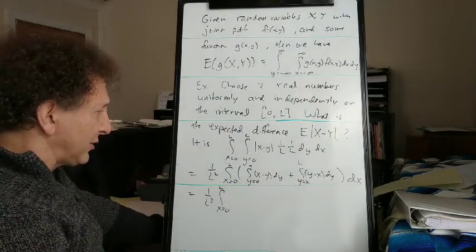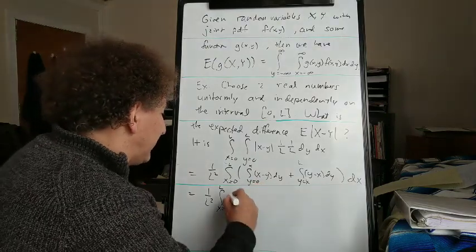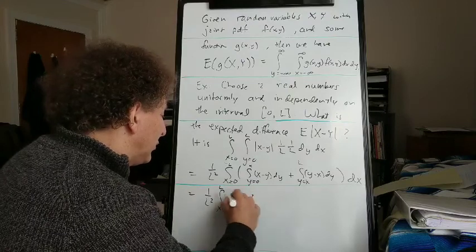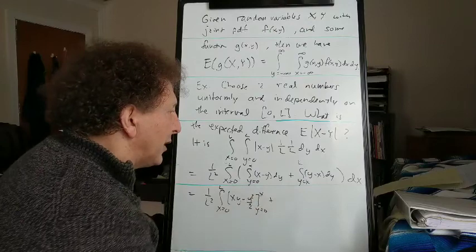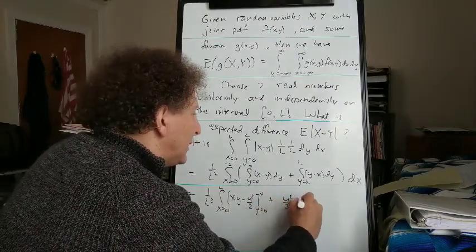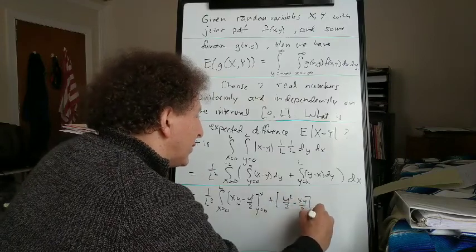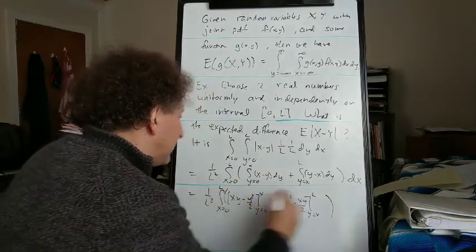Alright, so let's do these integrals on the inside. If we integrate dy, then we have xy minus y squared over 2, evaluated from 0 to x, plus y squared over 2 minus xy over 2, evaluated from x to L.